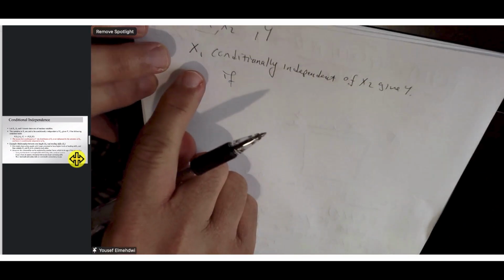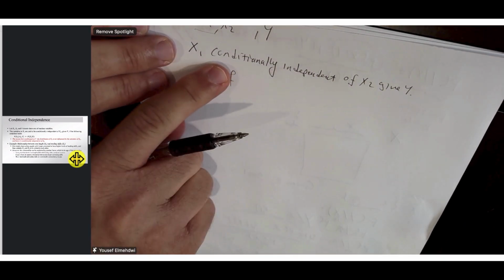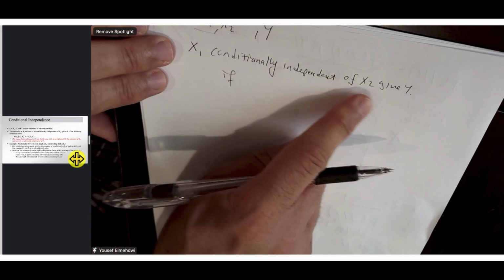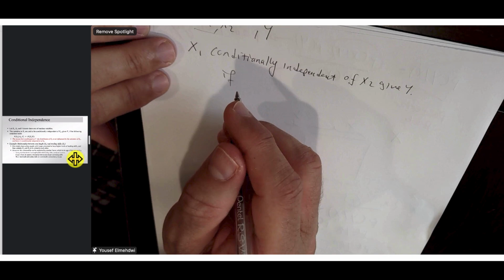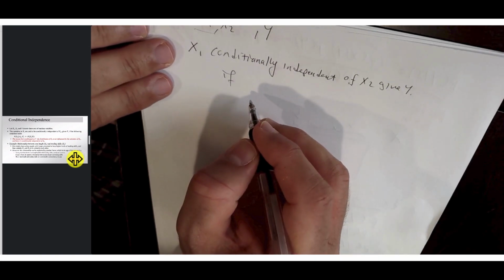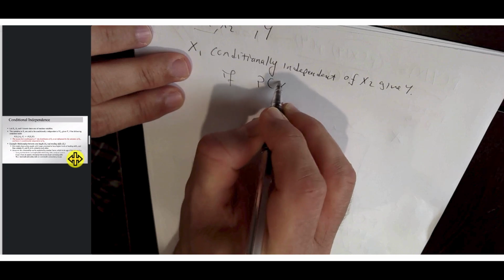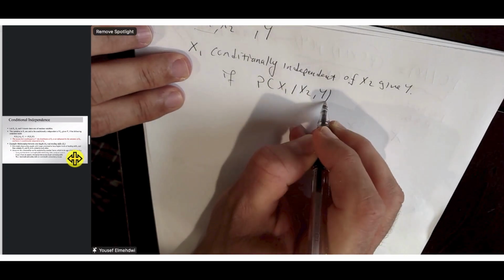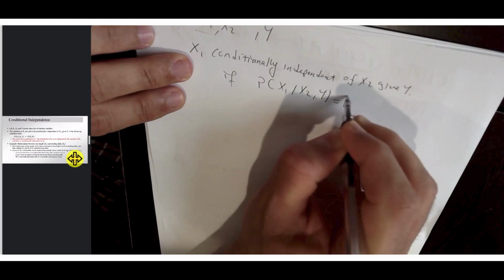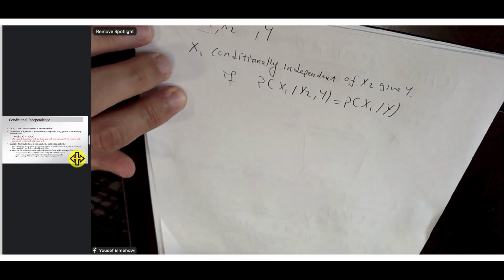I can say that x1 is conditionally independent of x2 given y if, for example, the probability of x1 given x2 and y is equal to the probability of x1 given y alone.